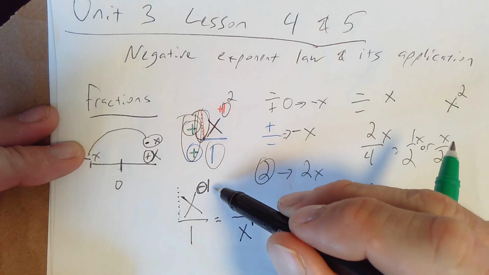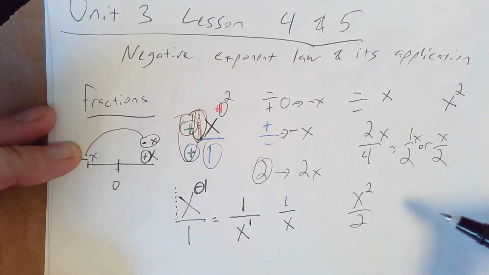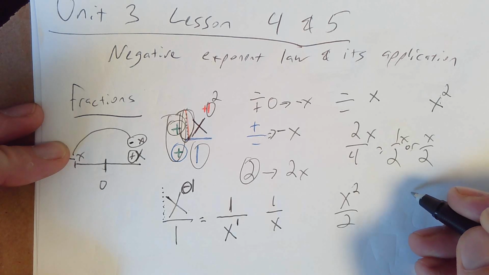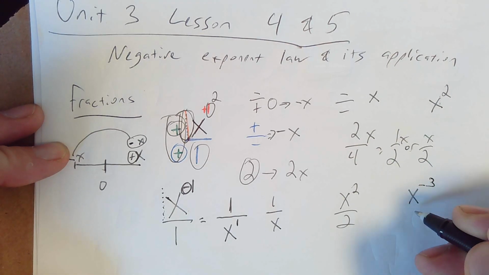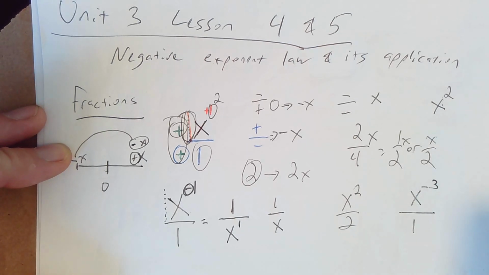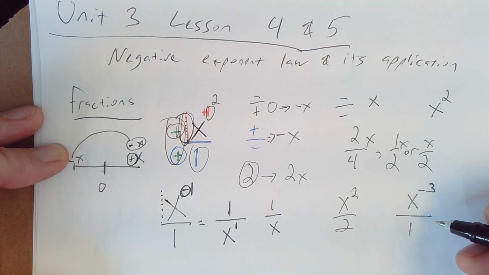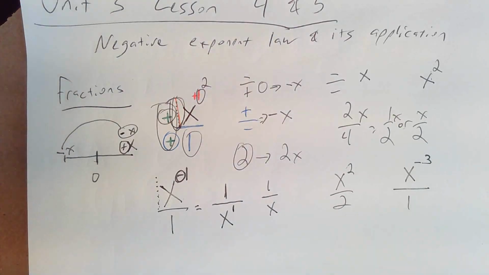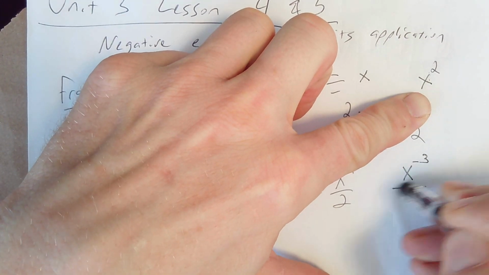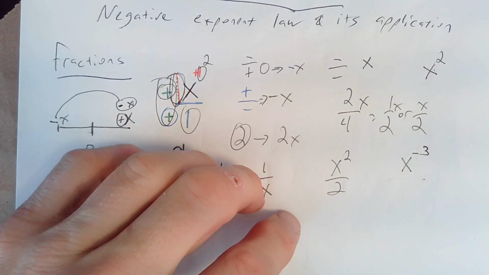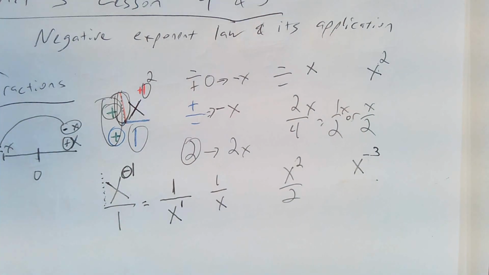Okay? And it doesn't have to be just ones, right? I could have x to the negative 3, over, by itself, and it's over a 1, right? It would be written like this. It would be written and shown to me like that, but I know it's written over a 1.